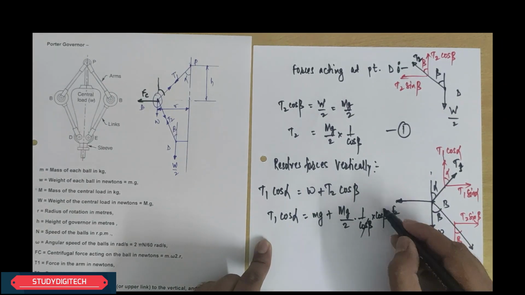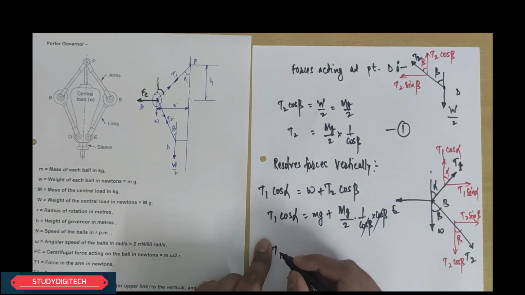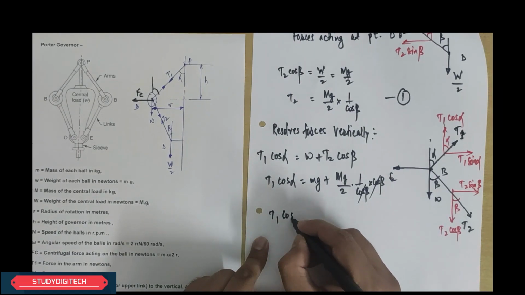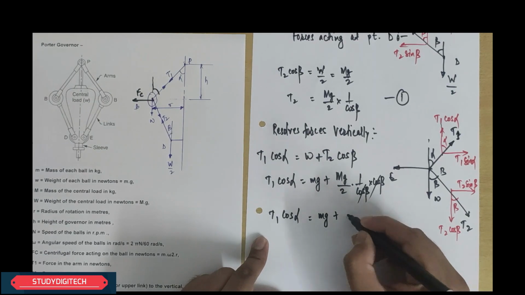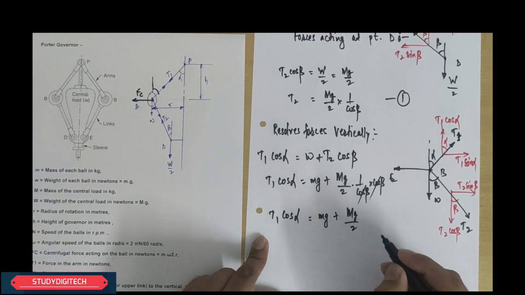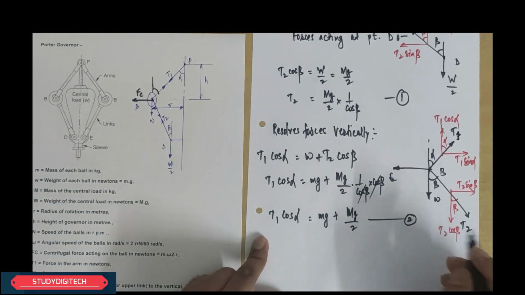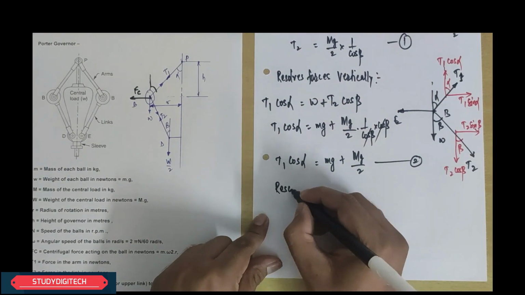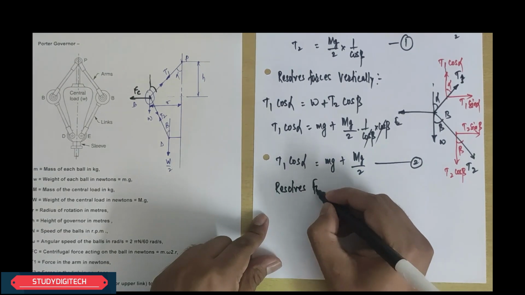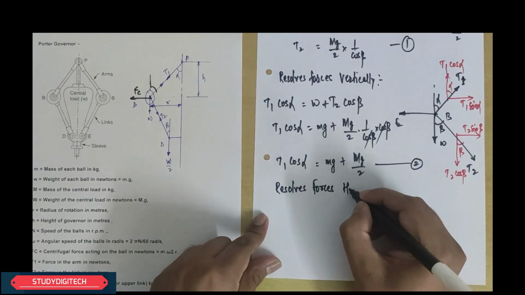So cos beta gets cancelled. So we have equation T1 cos alpha, which is equal to small mg plus Mg by 2. So we will name this as equation number 2. Now we will resolve the forces horizontally.